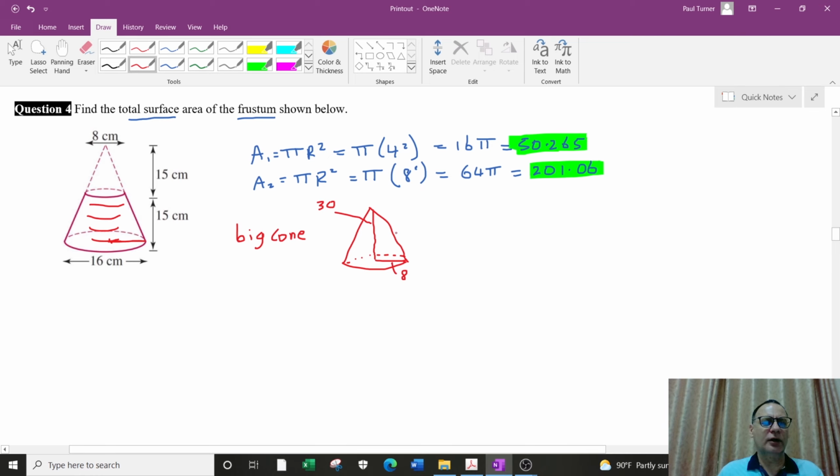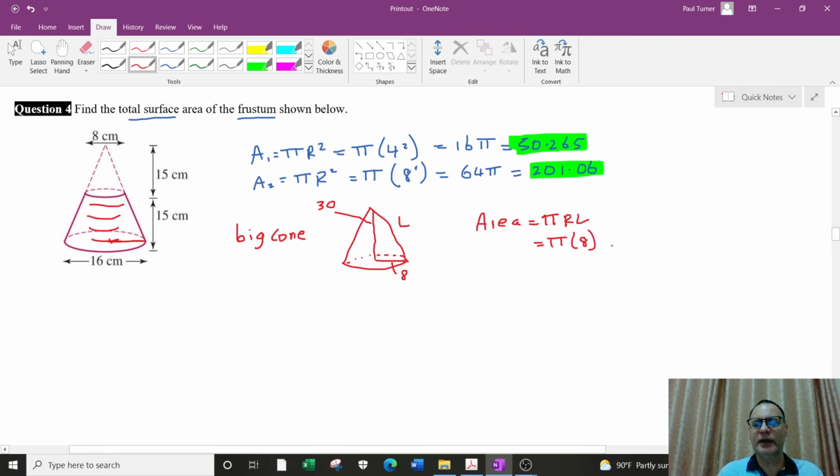Right. So remember, for lateral area, the formula is pi RL. So what you need to find here is L, the slant length. So we'll do that first. Well, let's write in pi R, which is 8.